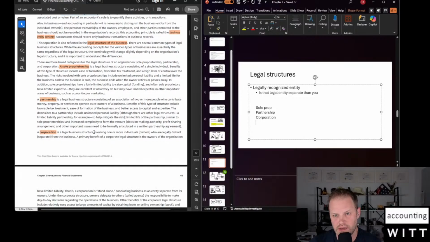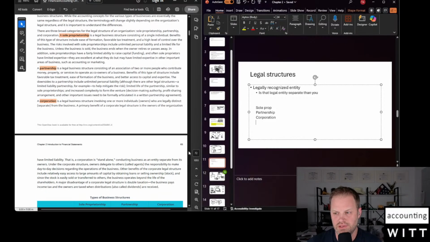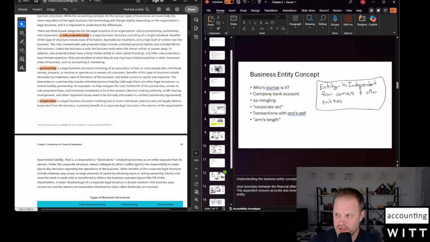So how do we really illustrate that? Okay, we're introducing the idea of a business entity concept. We're saying, all right, an entity is independent than the owners for purposes of books.